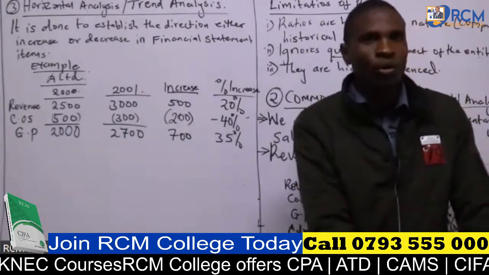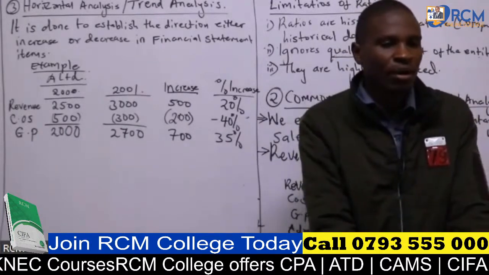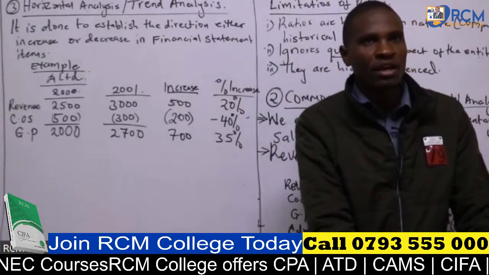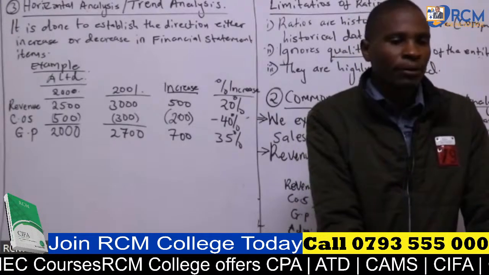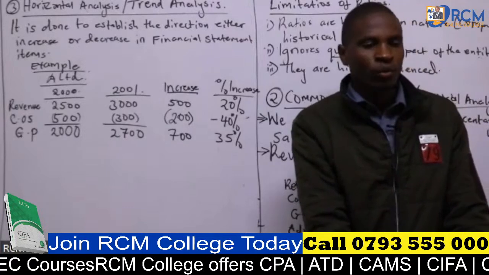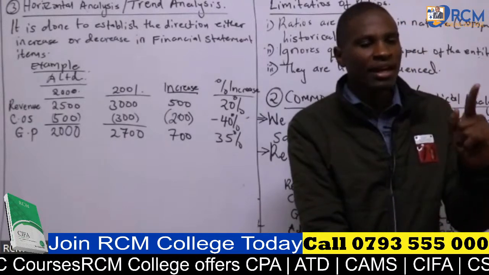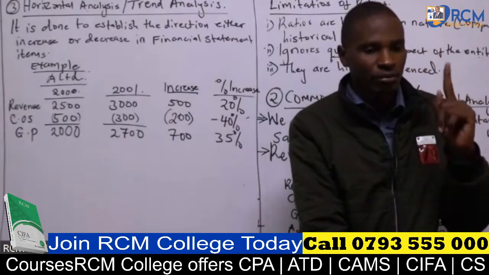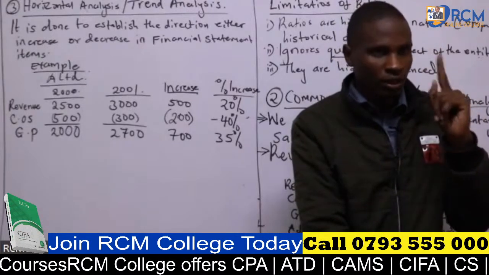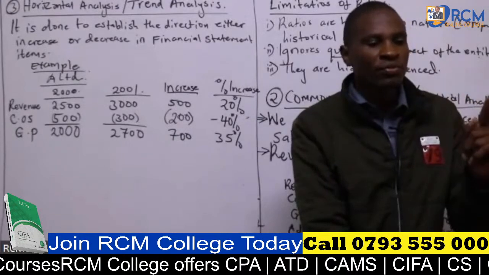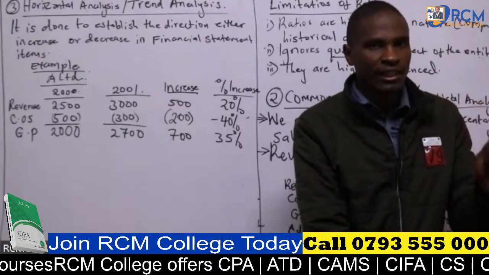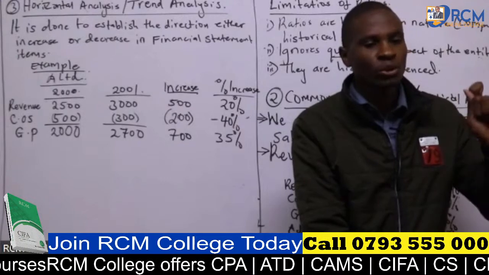What you have to know is whether the examiner wants you to give it in a horizontal way or in a vertical way. When you are giving it in a vertical way, always remember the base figure is revenue in the income statement. When you are in the balance sheet, the base figure is the total sales, that means total sales.